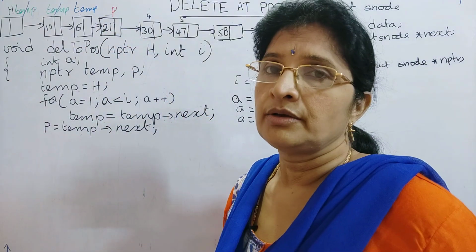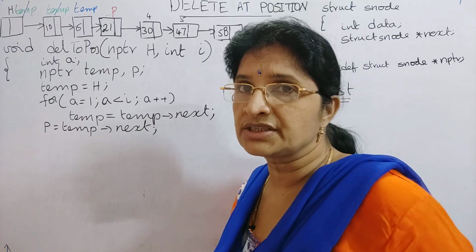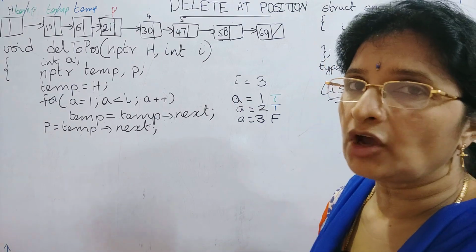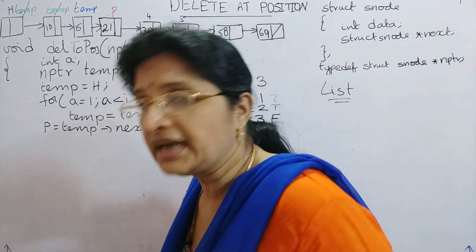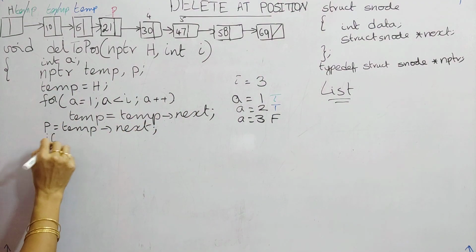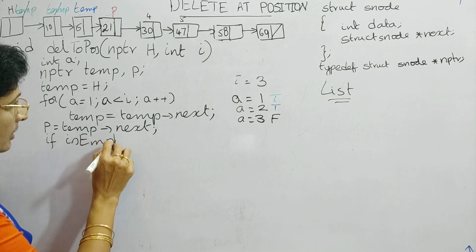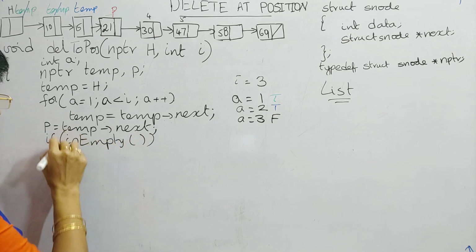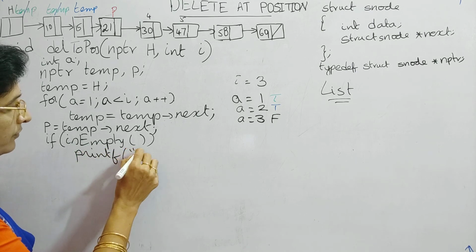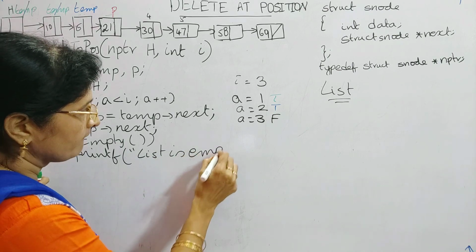First of all, before deleting, if you want, you can check whether the list is empty or not. How can you check whether the list is empty or not? How can you write that function? You can write it as: if list is empty, then just give a message, printf list is empty.